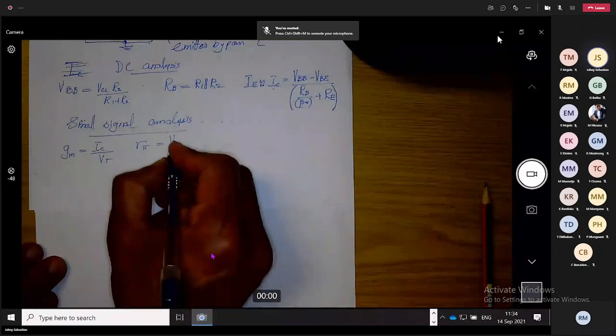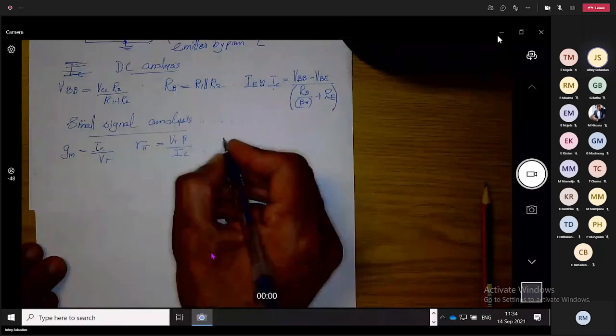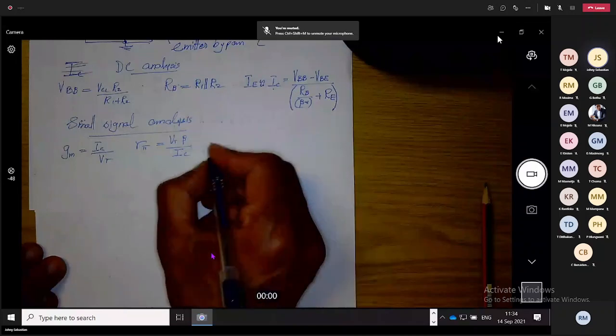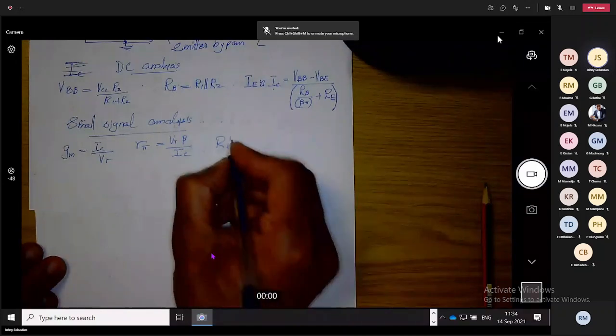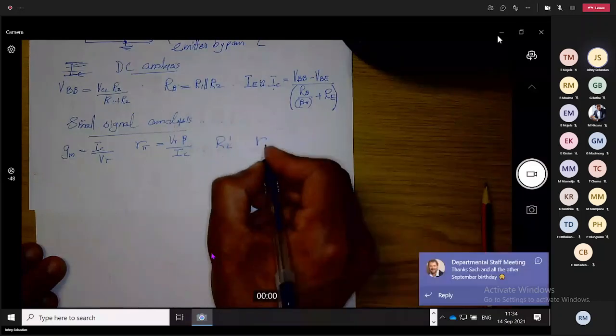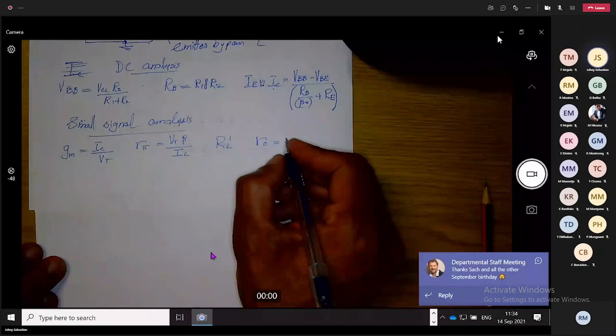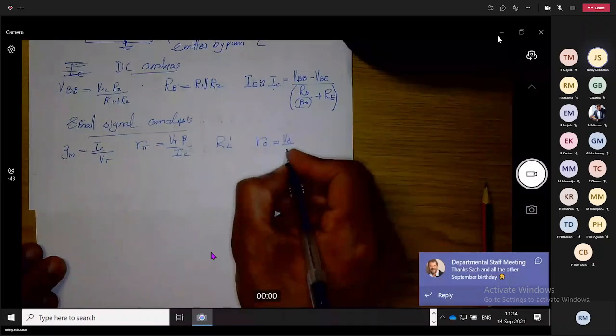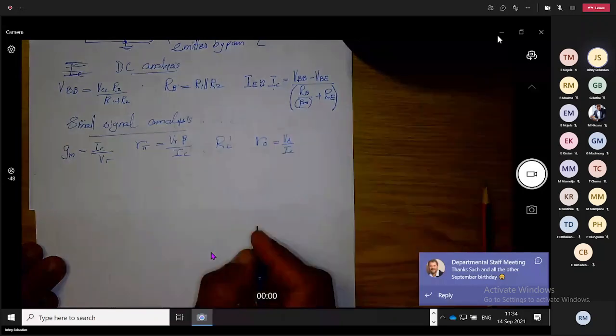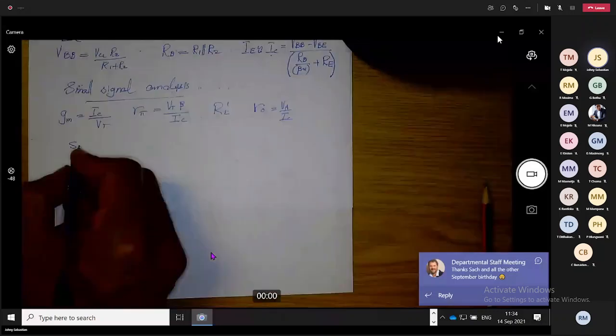Then we are going to find RL prime. Then we also find R naught. What is next? We make a small signal equivalent diagram.